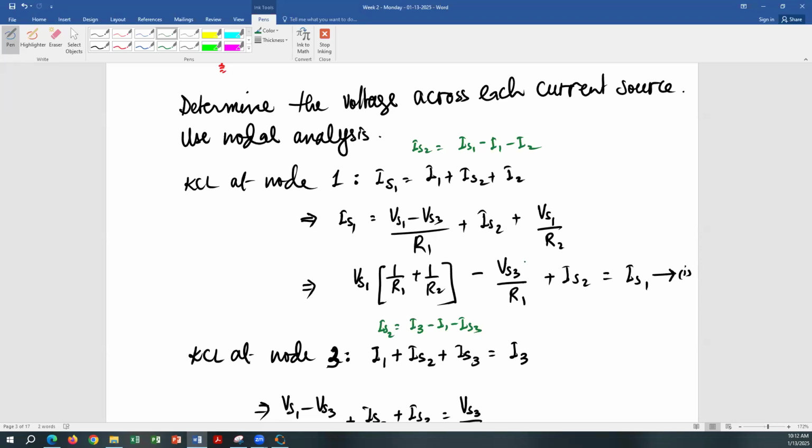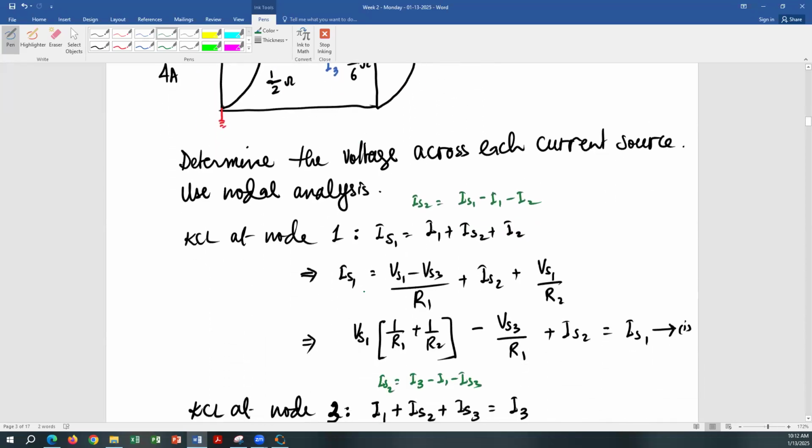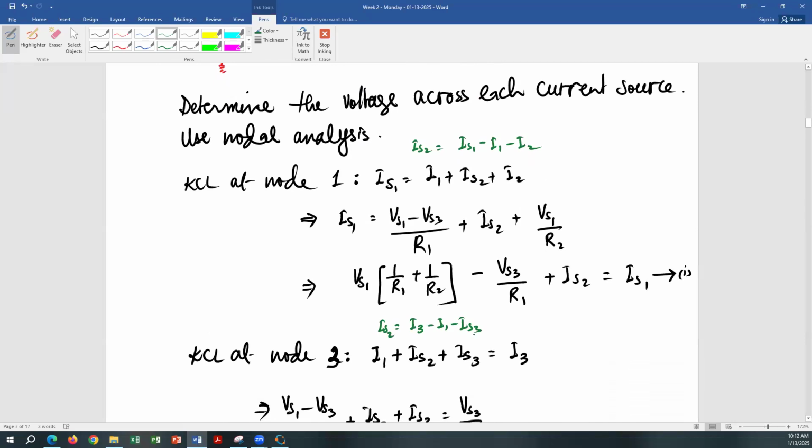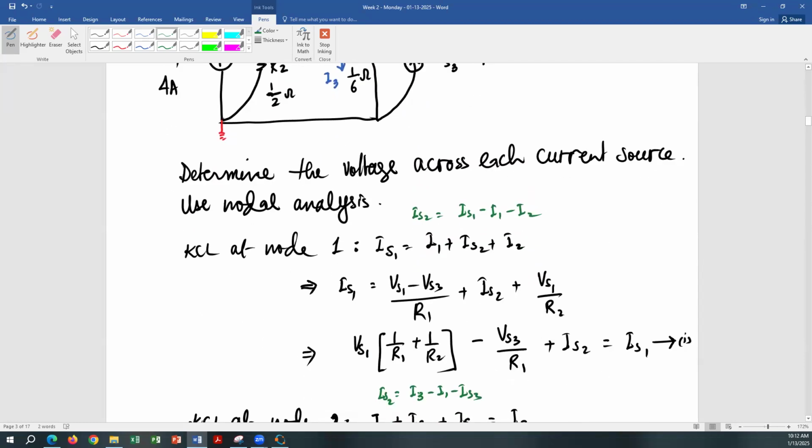Because again, if you equate these two values, Is2, you're going to write down Is1 minus I1 minus I2. Is1 is going towards node 1, and I1 and I2 are going away. And in the second one, Is3 and I1 are going towards, and I3 is going away.